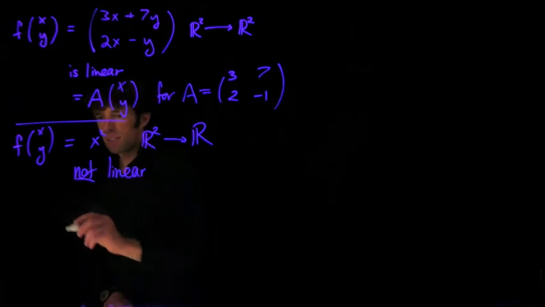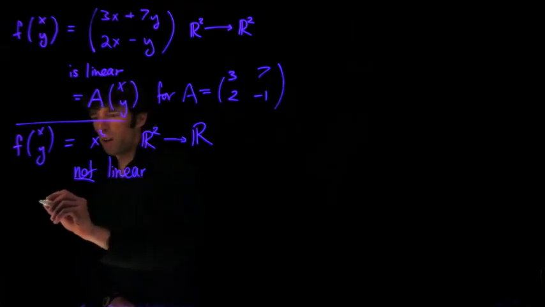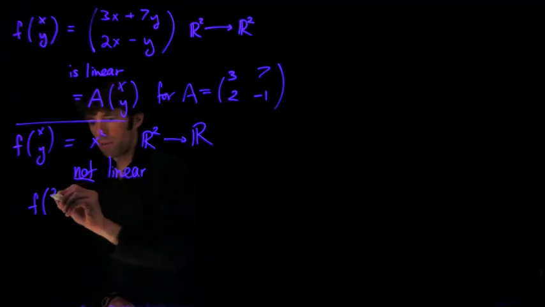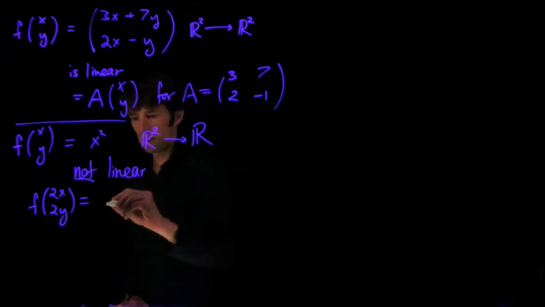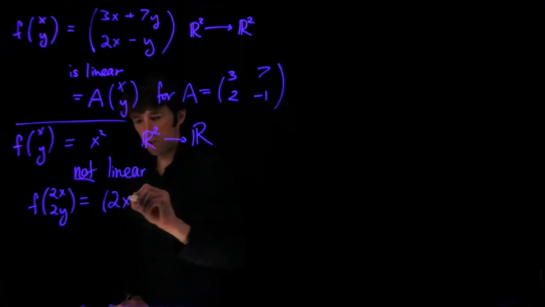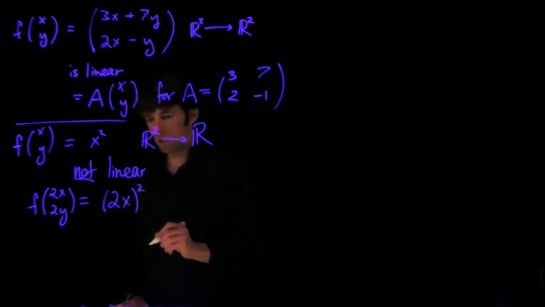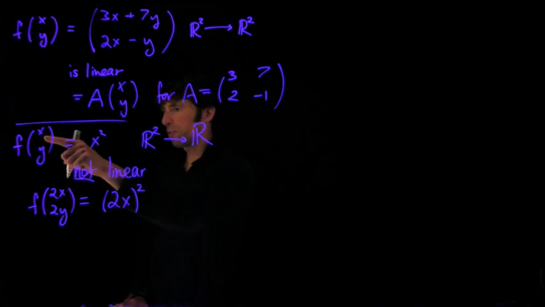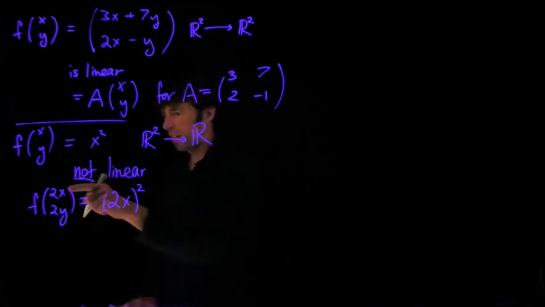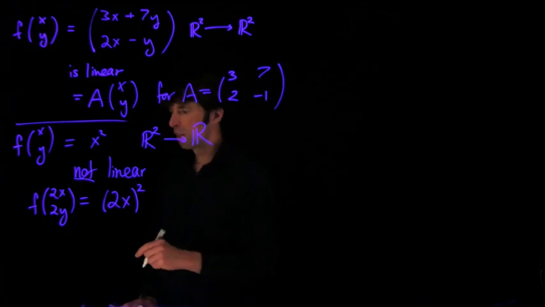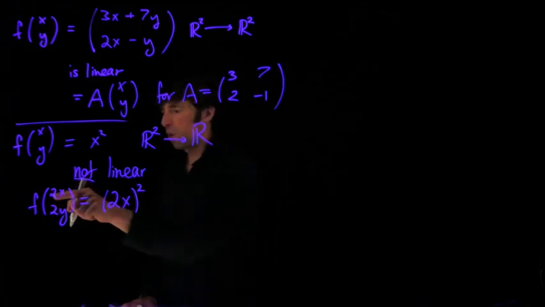Well, let's see what happens when I take a very simple linear combination, a scalar multiple. So f of (2x, 2y). So I'm just multiplying the input by a factor of 2. The function takes the first input and squares it, and that's the output. So if I multiply the input by a factor of 2, now I'm going to take the first component and square it.